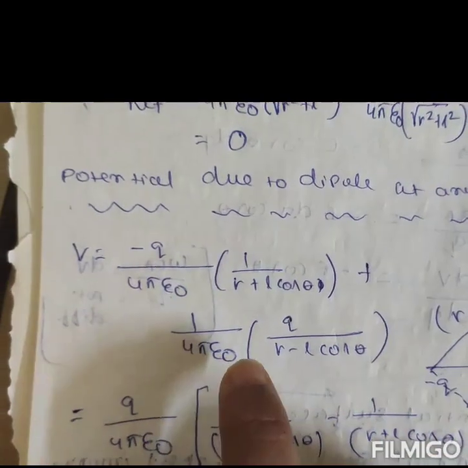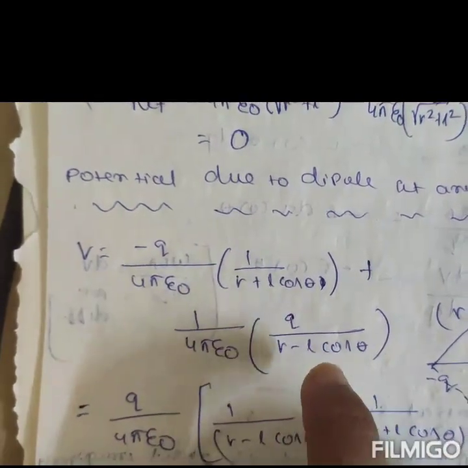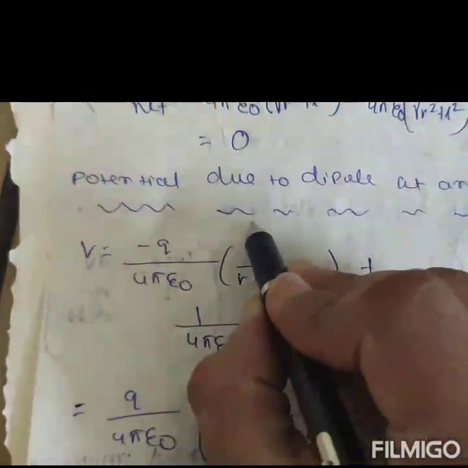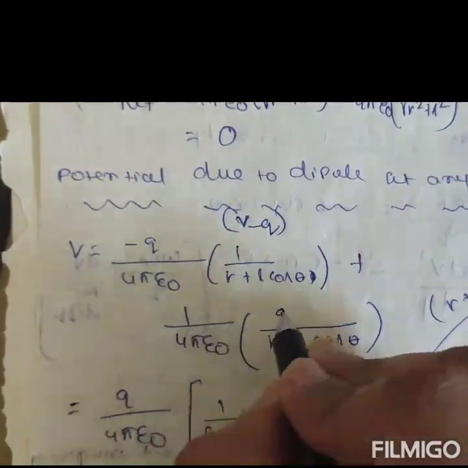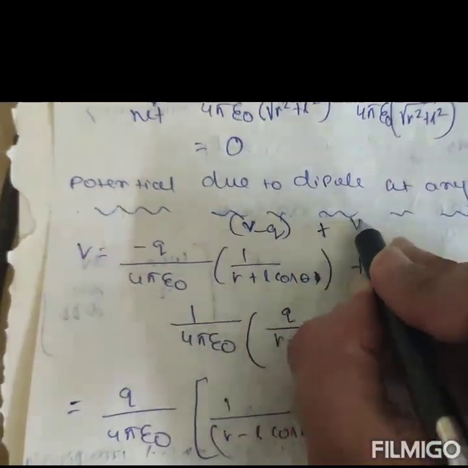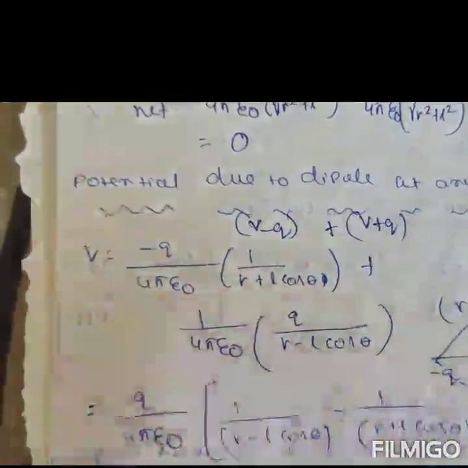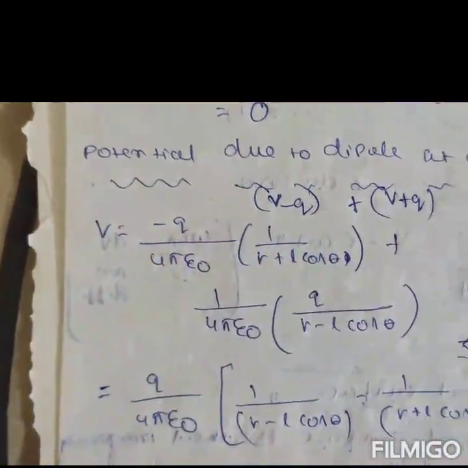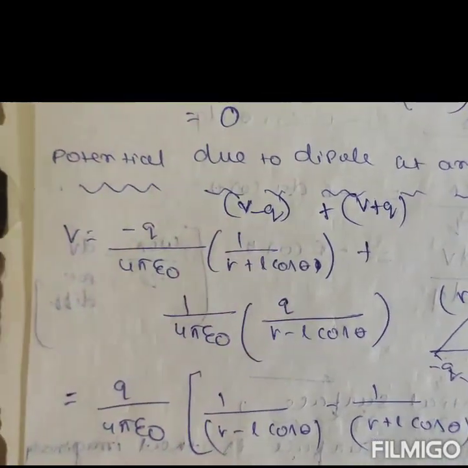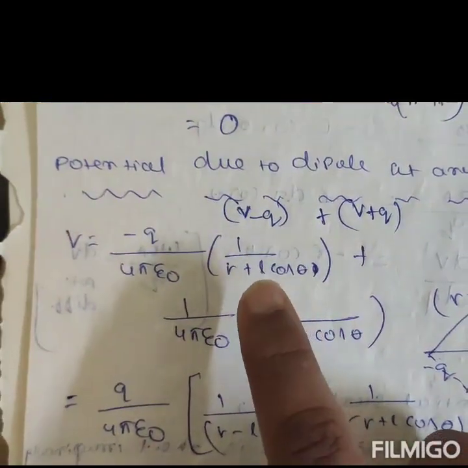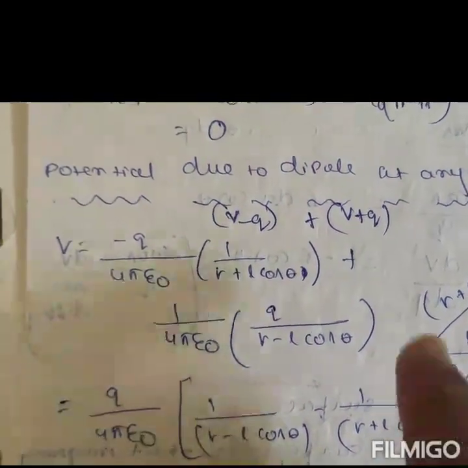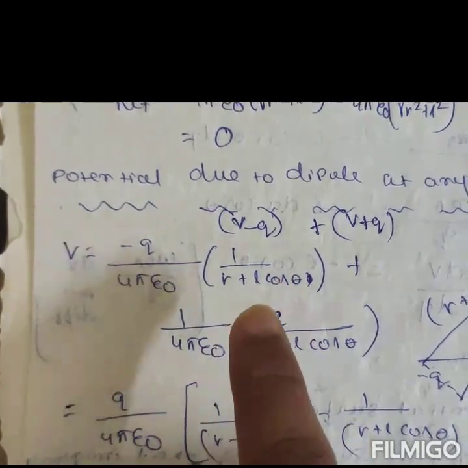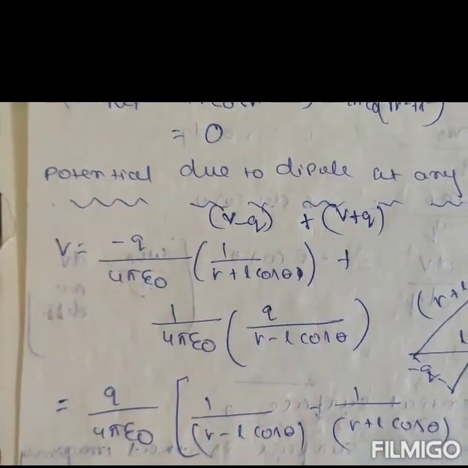Plus 1 by 4 pi epsilon naught, Q by R minus L cos theta. This is for plus Q. Potential is always additive in nature. And why it is R plus L cos theta, you can see in the figure: for the minus Q charge, the distance is R plus L cos theta.